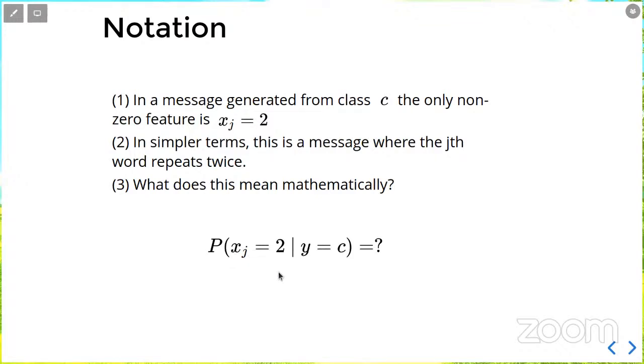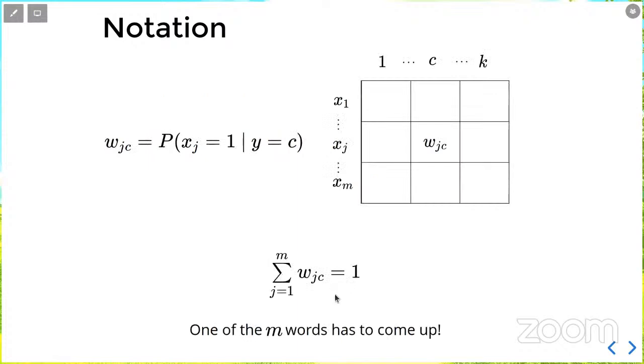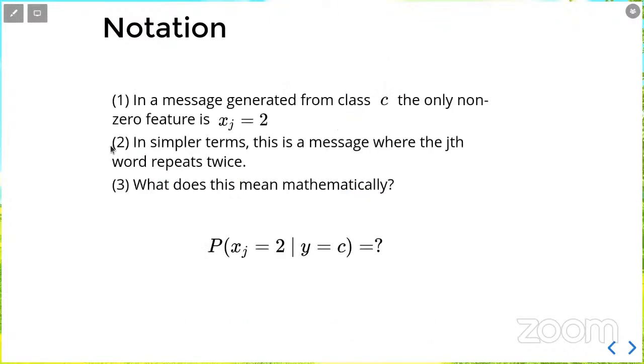It will be 2 by the total sum of the matrix for that particular class. For that class. Okay, so we already know that the probability of it occurring once is WJC. So what is the probability of this word occurring twice?